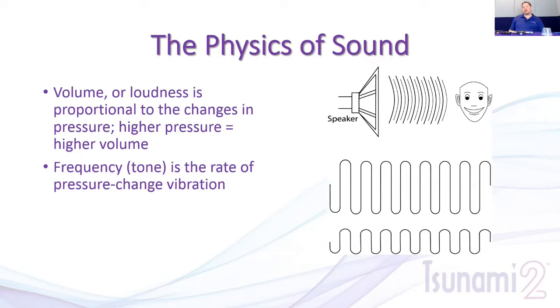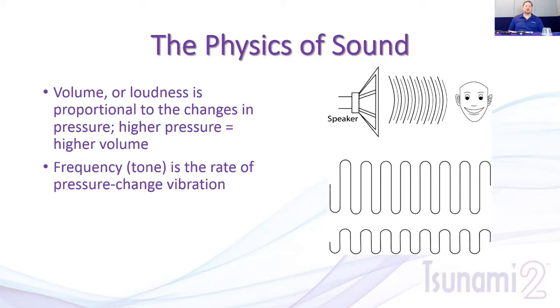Volume is the air pressure, how high the pressure of that wave is, and then the frequency of those air waves determines the different sounds that we're hearing. When the speaker is working, it's creating air pressure waves that are transmitted through the air and our ears interpret them.